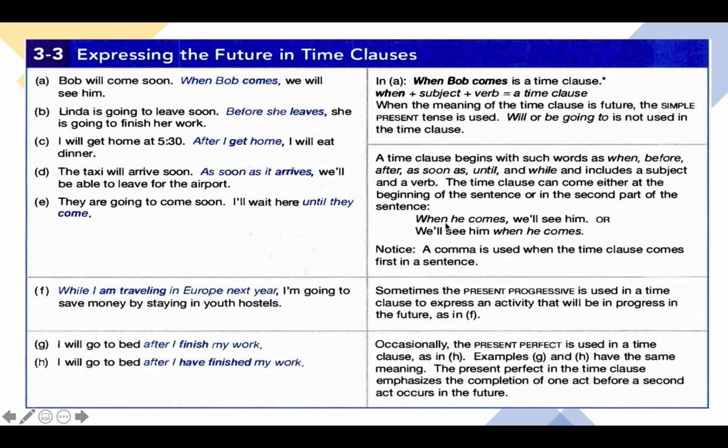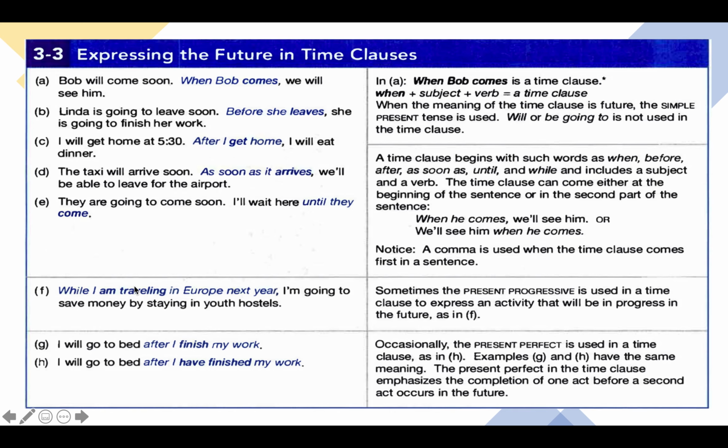So here we have when he comes in the beginning of the complex sentence, or in the second part of the complex sentence. We will see him when he comes, okay? So notice here the time clauses. We start with when, here it starts with before, after, as soon as, and until. And there are others like while, which I'm going to talk about right now.